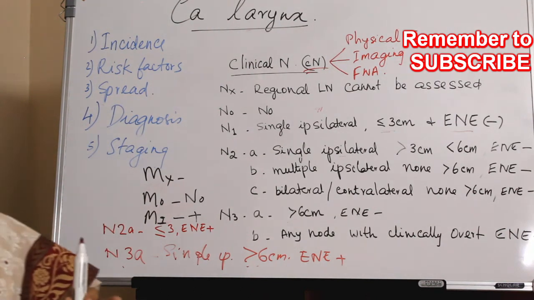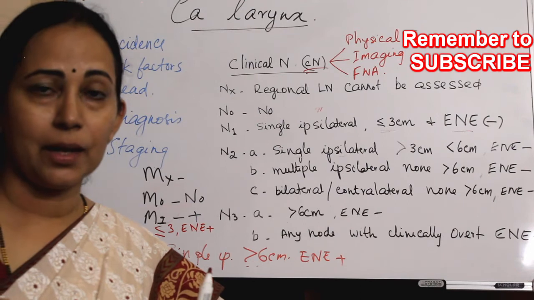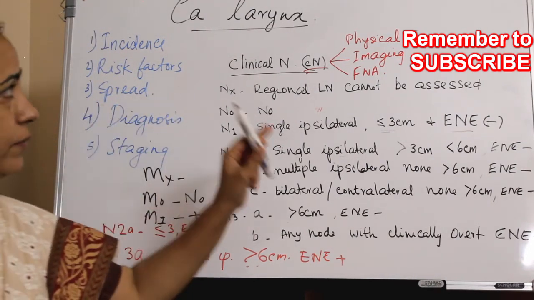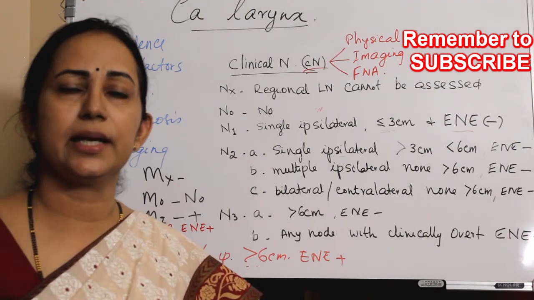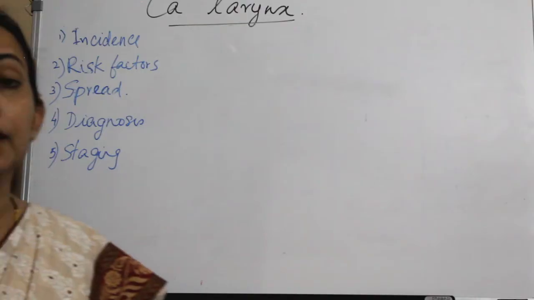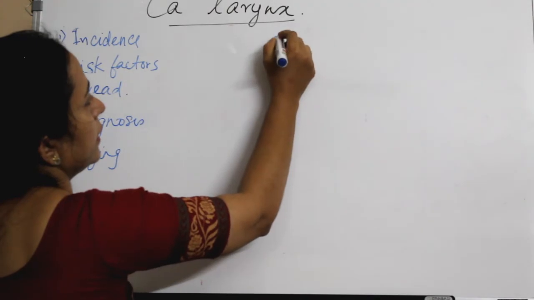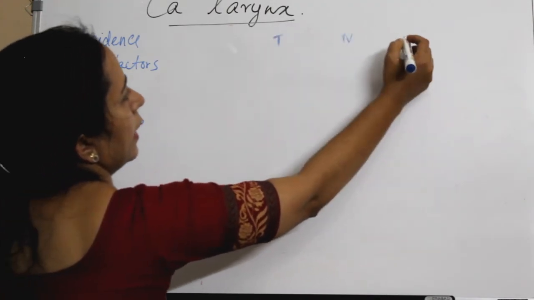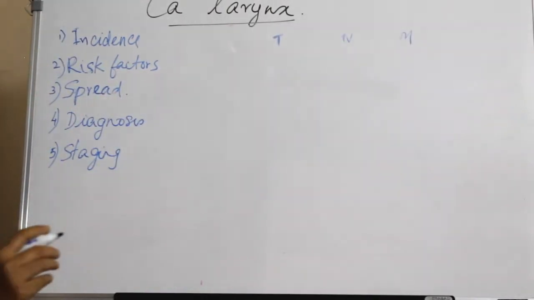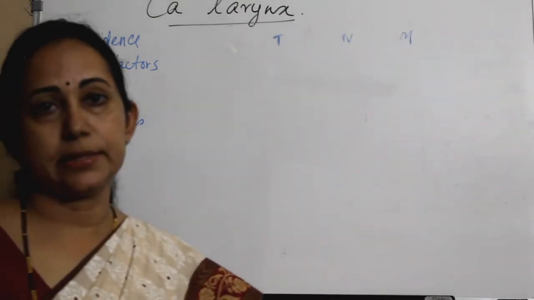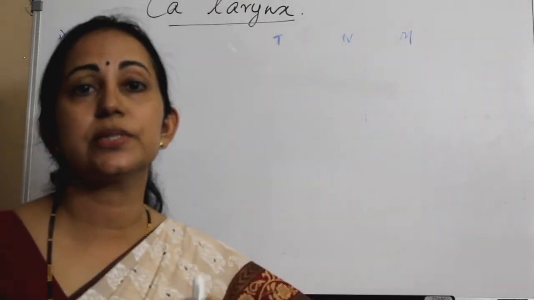So that is the TNM staging, and with this we can again divide CA larynx into different stages depending upon the status of T, N and M. The disease can be staged from stage 0 to stage 4.